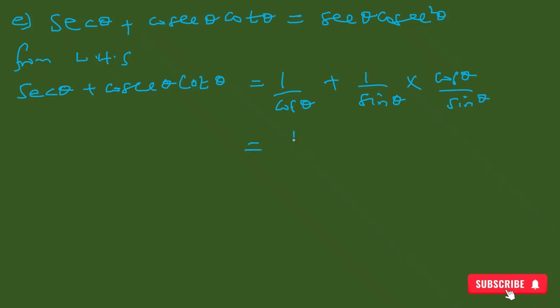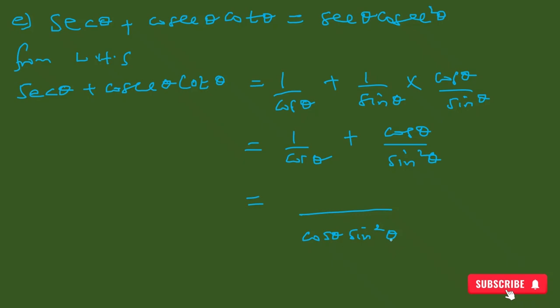And this gives us 1 over cos theta plus, this is cos theta over, this is sine times sine, giving us sine squared theta. If you get the LCM here, it will be cos theta times sine squared theta.